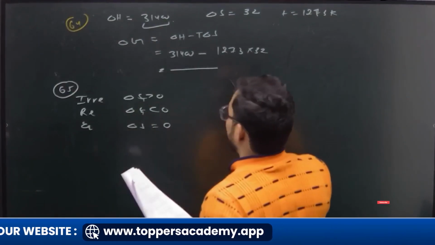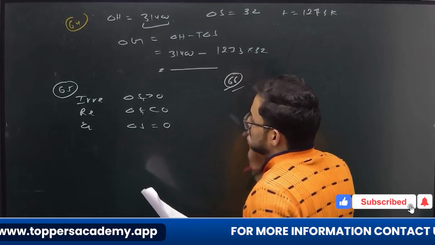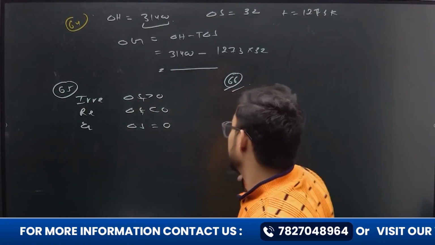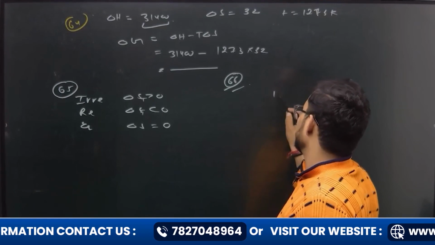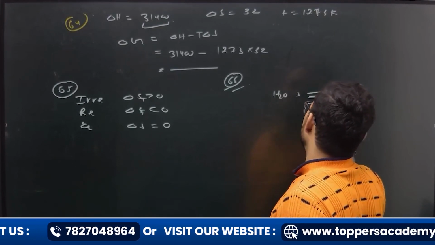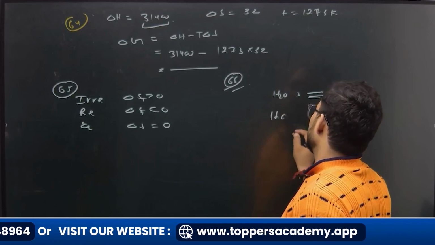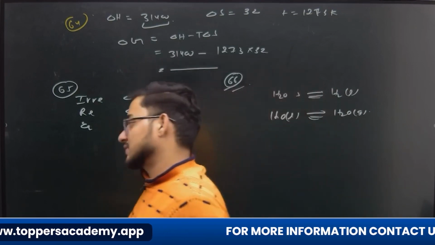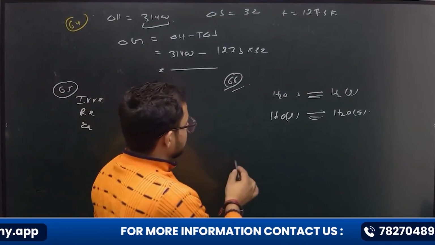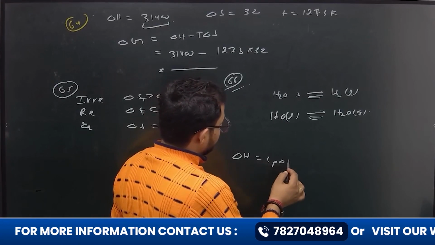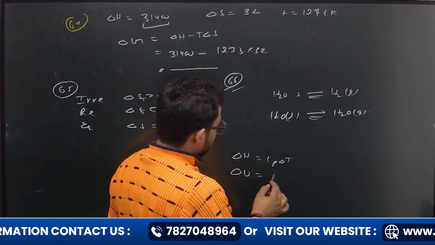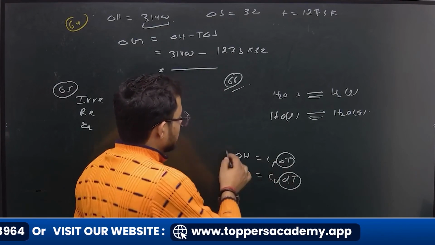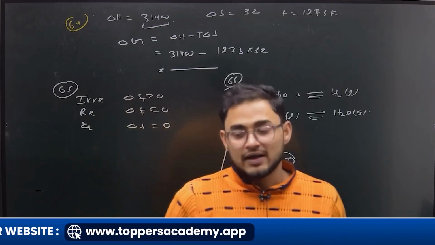Question number 66, phase transition. If the phase is transitioning from H2O solid to H2O liquid, from H2O liquid to H2O gas, or vice versa, generally the temperature will be the same. If temperature is the same, delta H is equal to CP dT and delta U is equal to CV dT. Because delta T is equal to 0, the values of delta H and delta U would be 0 at constant temperature.